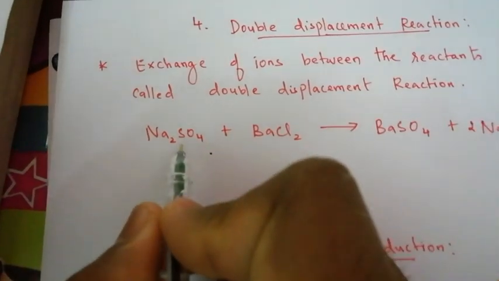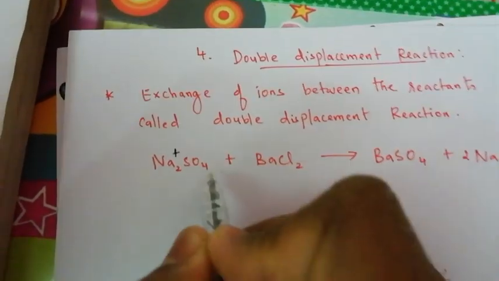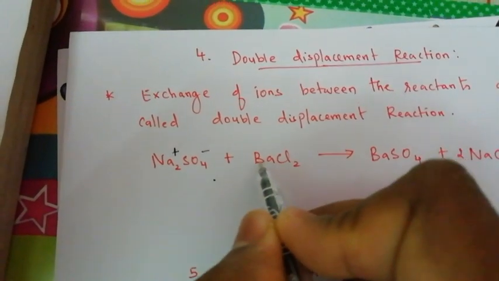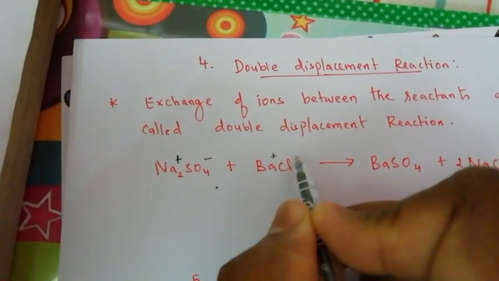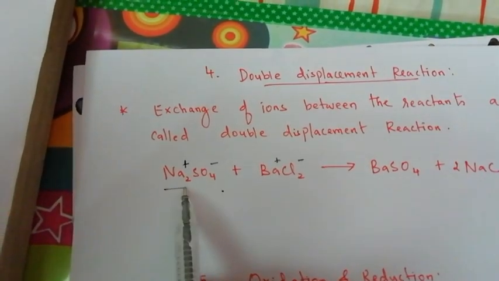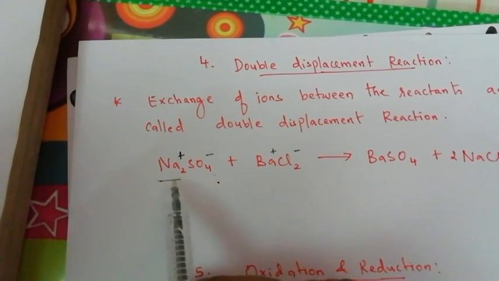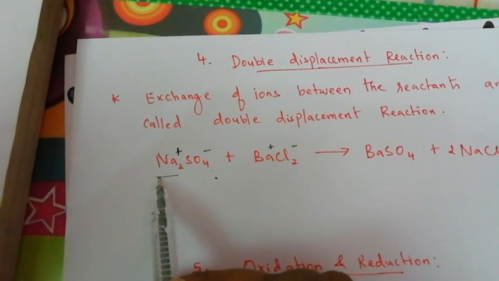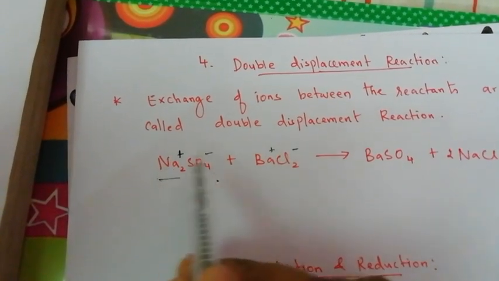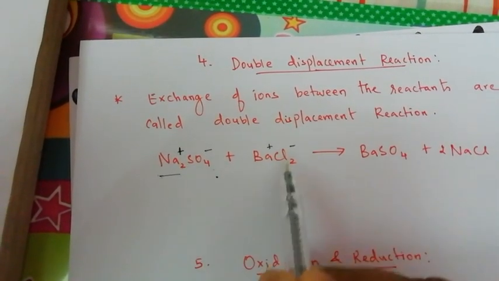You see that sodium, which is positive in charge, it's a metal actually, and sulfate is non-metal. Barium is a metal, chlorine is a non-metal. So this positive, they need negative, right? So they stick with this, they form sodium sulfate. So now these reactants are going to react together.